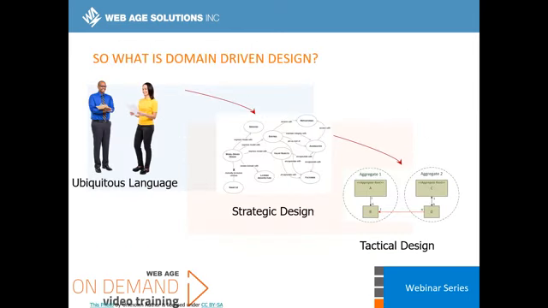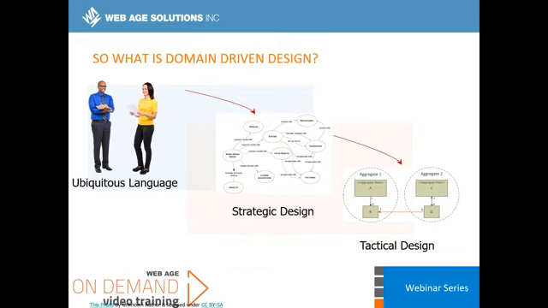All right. So to go back to our domain-driven design, there are actually three significant things that we need to consider as we're following the practices of domain-driven design. The first of these things is the ubiquitous language. Right?